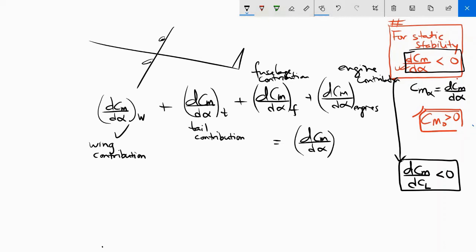And then you will obtain the value of the total moment slope. And in this process, you may realize that the wing contribution may actually be positive. But if other things are negative, then overall there will be a negative value for the moment slope, and overall the aircraft could be stable. We're going to start with the wing contribution to static stability.